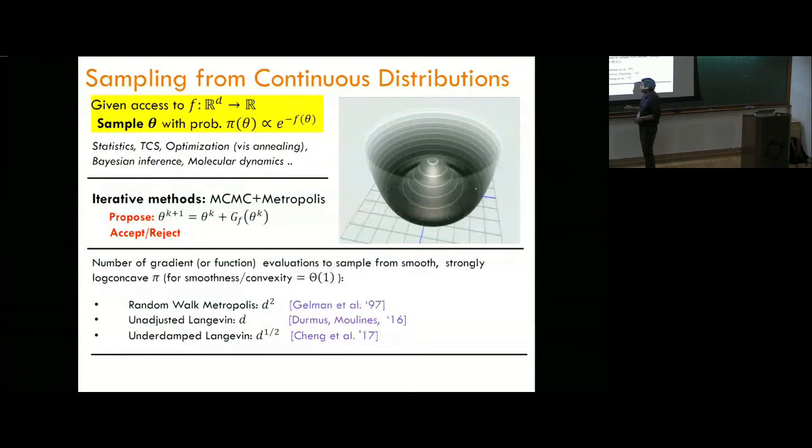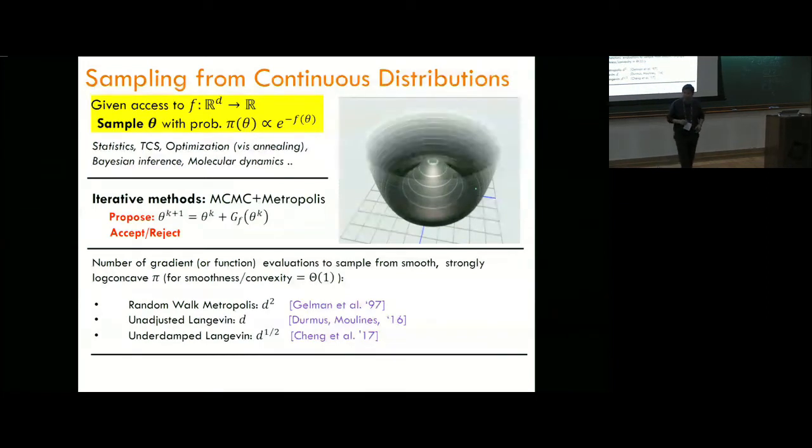What we really want to focus on is D, the dependence of the running time on D. And what do I mean by that? How many calls to the gradient oracle or the function oracle do you make before you get, let's say, 0.01 close in some metric, let's say total variation distance to the target density function.